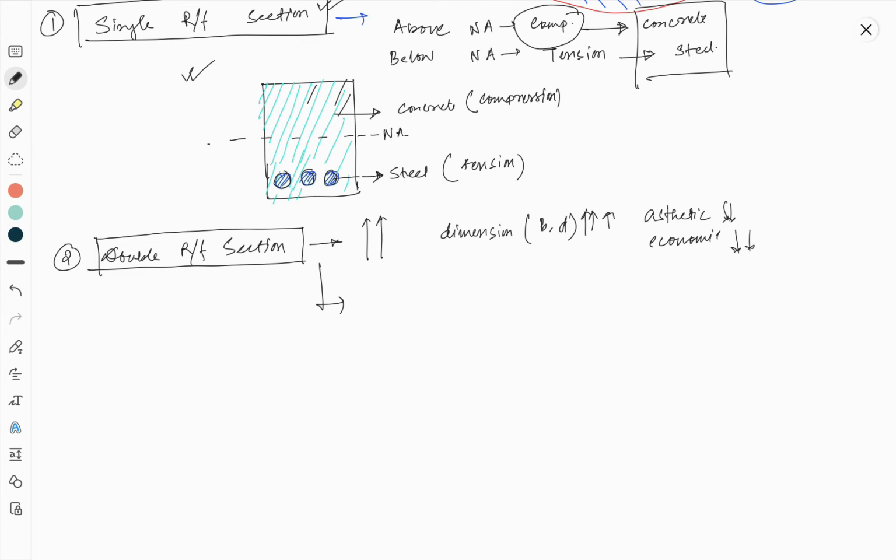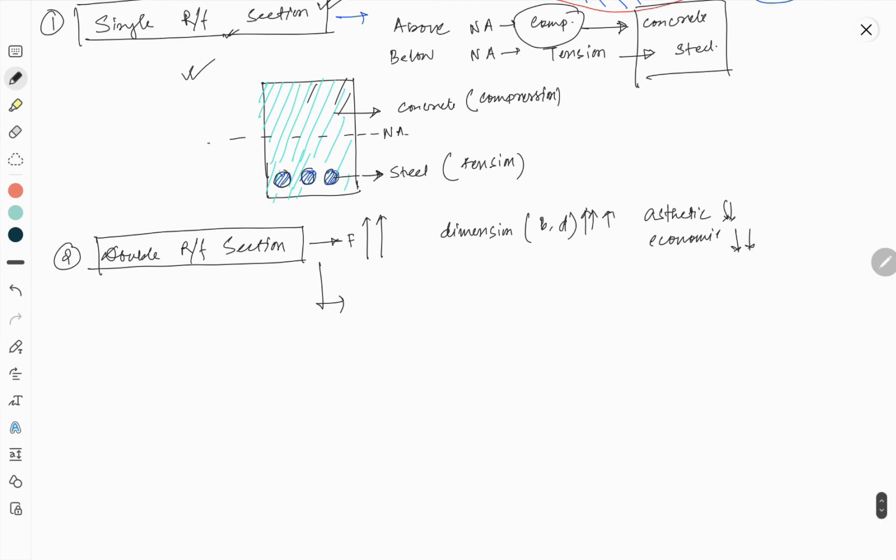We are happy with the single reinforcement section. But when the load gradually increases, dimensions B and D keep increasing, so the aesthetic and economic parts reduce.